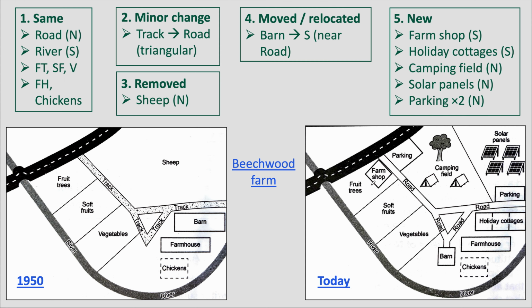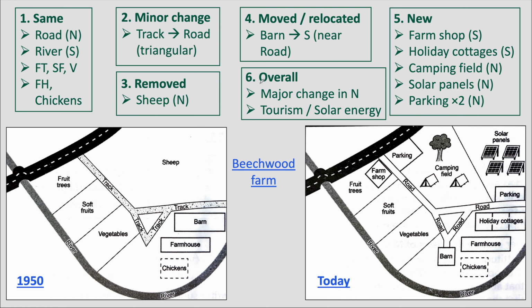These include the farm shop, holiday cottages, a camping field, solar panels, and 2 parkings. Because these are all new, they can be grouped together while writing. Finally, looking at the plan as a whole, we look for the overall direction of change. This area has been developed for tourism and solar or renewable energy.